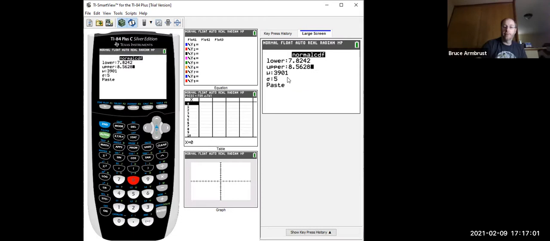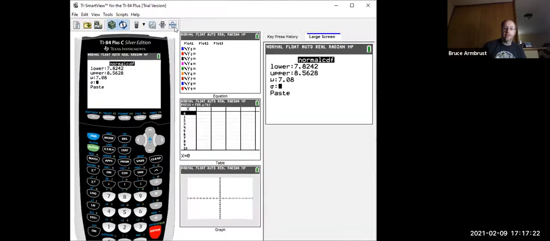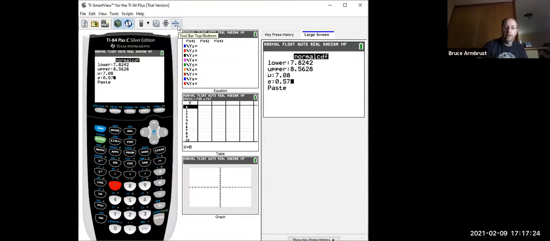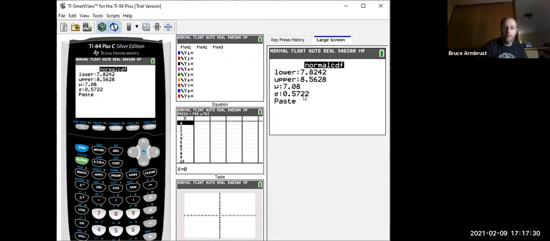In terms of our mean, it was 7.08. And then for the standard deviation, we actually could type it in with the square root number in it, or we can use what we found when it was already rounded, 0.5722. I think that was our number. Nope, 0.5772.